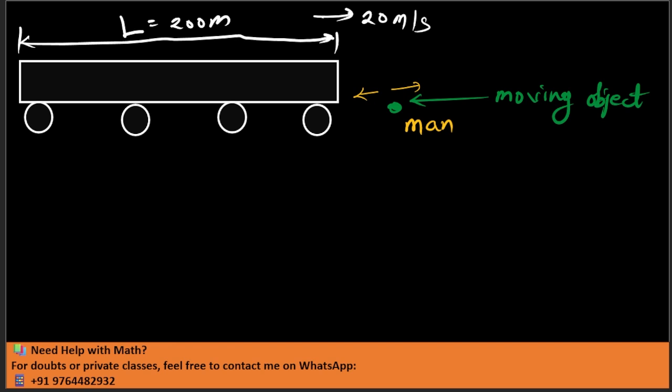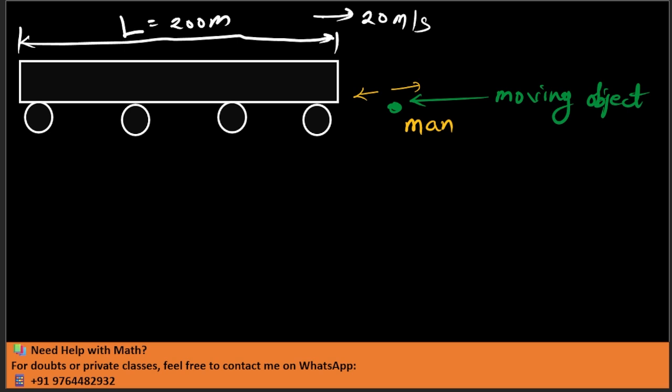Okay, and I am saying that this train is crossing a man who is moving or walking 2 meter per second in the same direction with the train. So here we have to apply the relative speed.